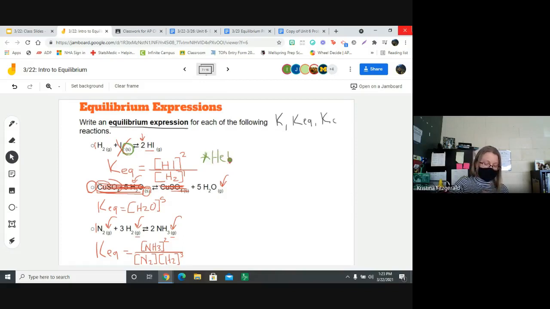So this one I would say is heterogeneous. I'm going to butcher this word, sorry. Same thing with this one. This one is what we would call homogeneous because all of the things got included and they were all the same state. So sometimes you'll hear an equilibrium expression referred to as heterogeneous or homogeneous. That's what they're talking about. So that way you know if everything's in the same state or not in the same state. Okay.